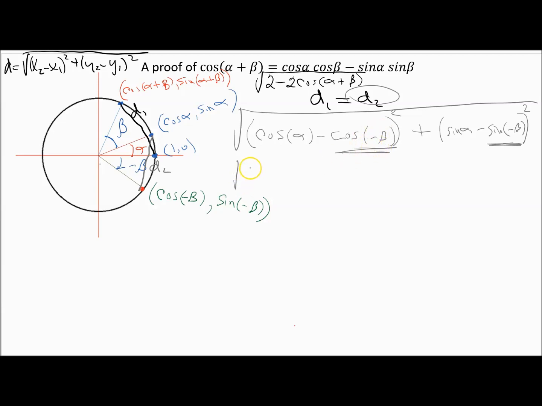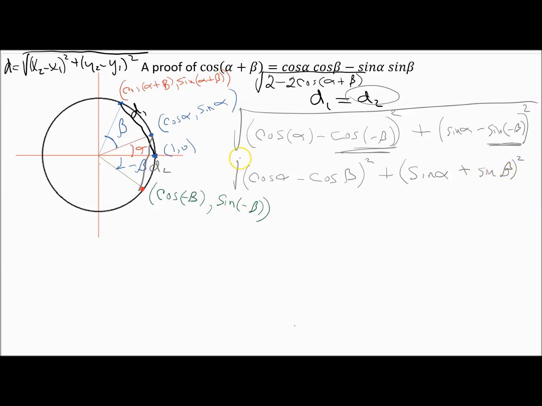So I've got cosine of alpha minus cosine of positive beta, all squared, plus, now over here I've got sine of alpha. Now if you'll recall, sine is an odd function, so what that means is the negative needs to come out front, because sine of negative beta is equivalent to negative sine of beta, and that's going to make that negative a positive.